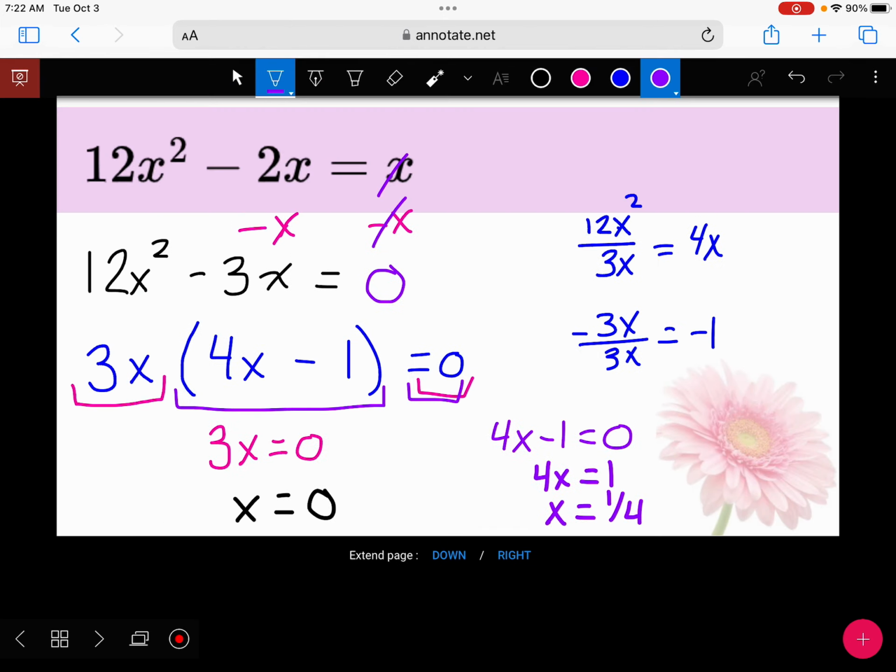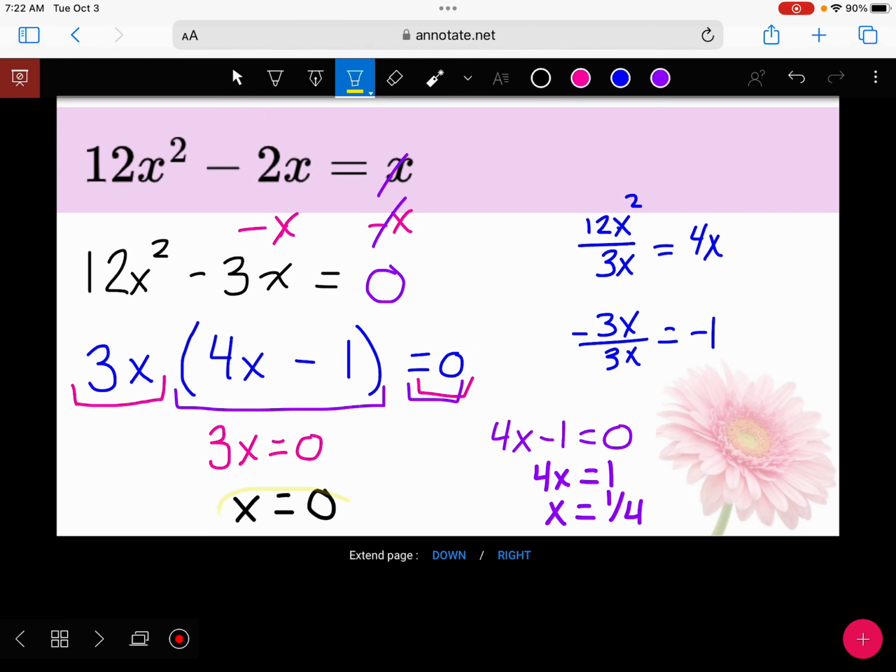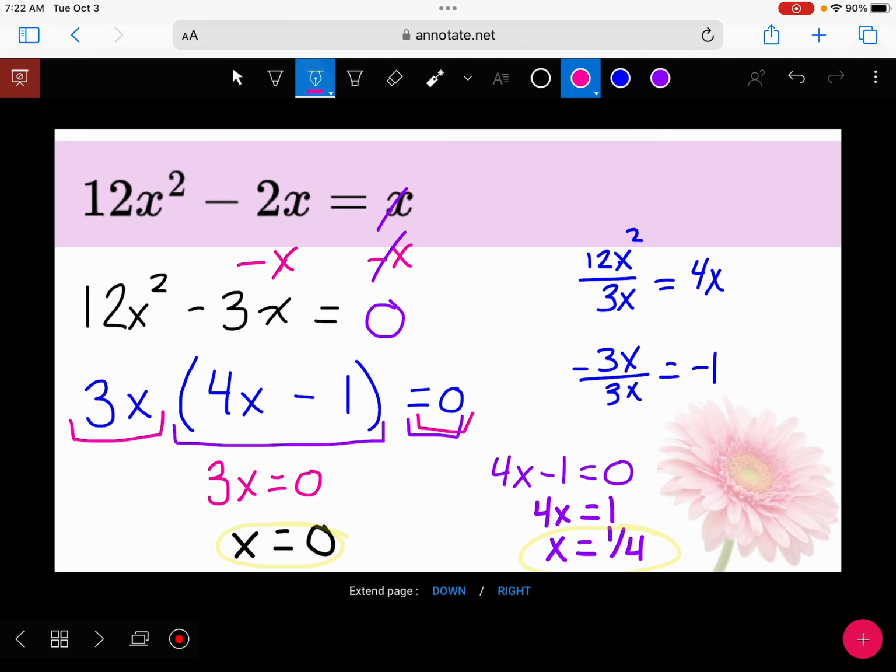So we get x equals 1/4. So our two solutions here are x equals 0 and x equals 1/4. We're putting them as ordered pairs. 0, 0, and 1/4, 0.